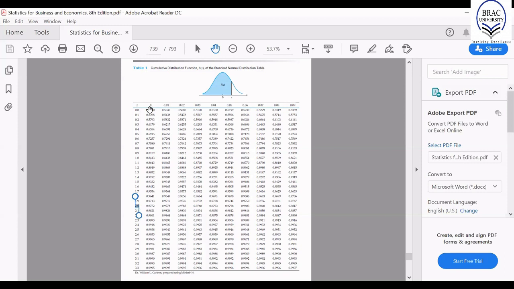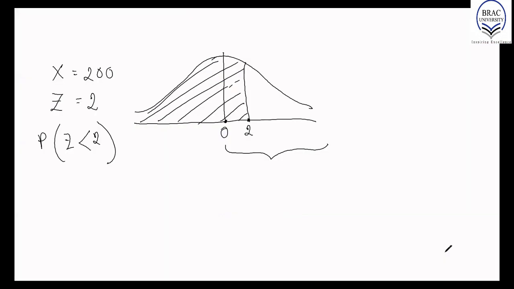Here you have 2.0 and on the 0 column, you have 0.9772. That means we can say that the probability that Z is less than 2 is equals to 0.9772. Clear? The probability of this entire shaded area is 0.9772. Clear, everyone?